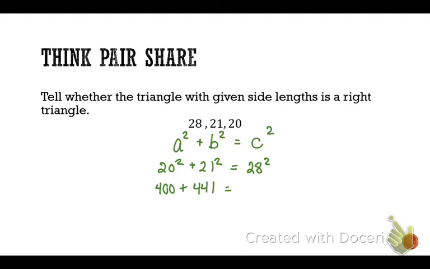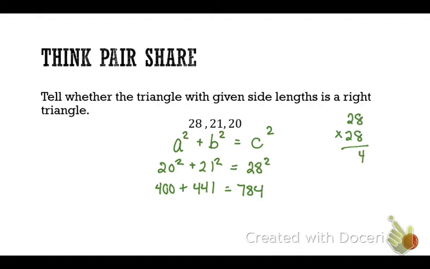Josh, what did you get? 441. No, 28 times 28. The 28 squared. All right, Talila, what'd you get? 784. All right, do you guys agree with her? 784. 28 times 28. If you did not do this, you need to do it right now. All right, I've asked you guys to do that multiplication.